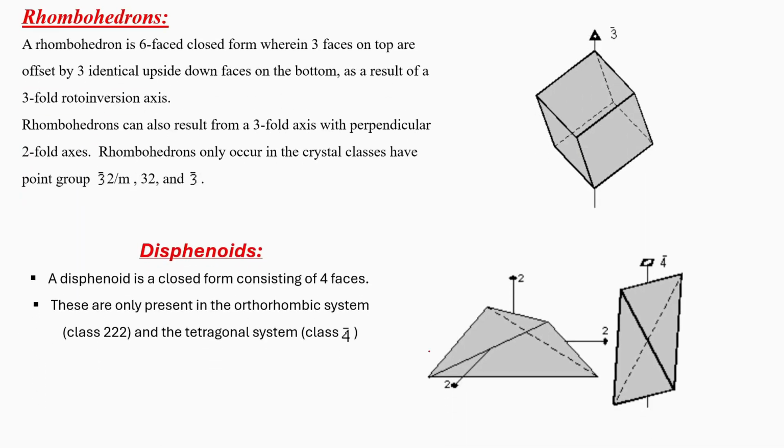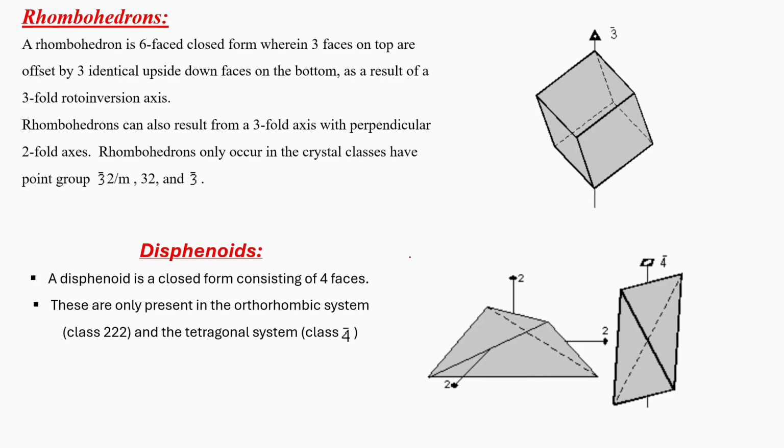So there is another form, rhombohedron. Here 6 similar faces form a closed form, where 3 faces are at the top and 3 faces at the bottom side, and this is present only where threefold roto-inversion axes are present and perpendicular to the two-fold axis.